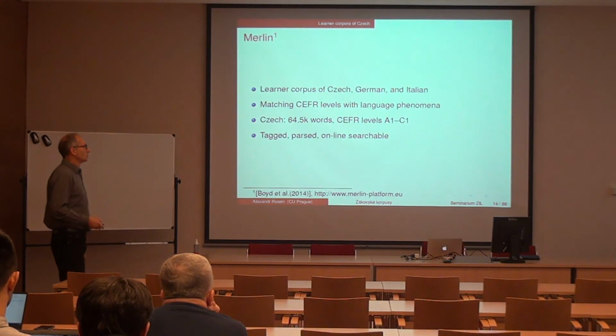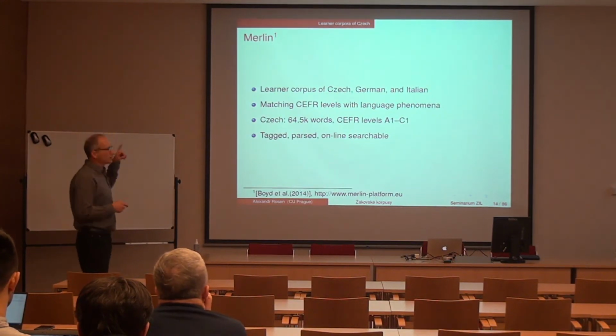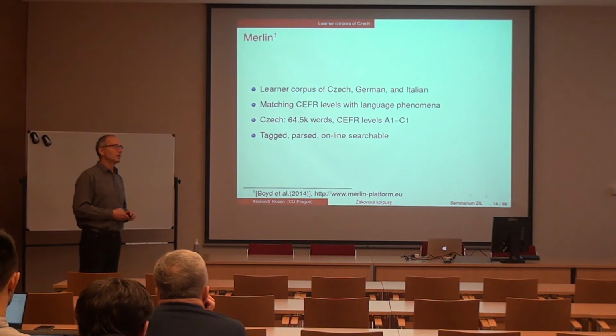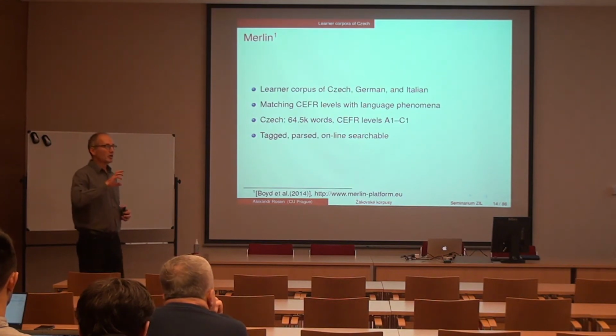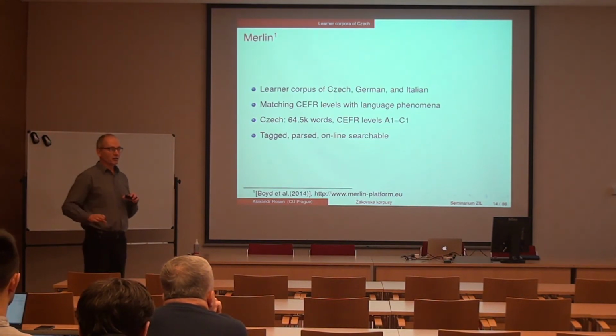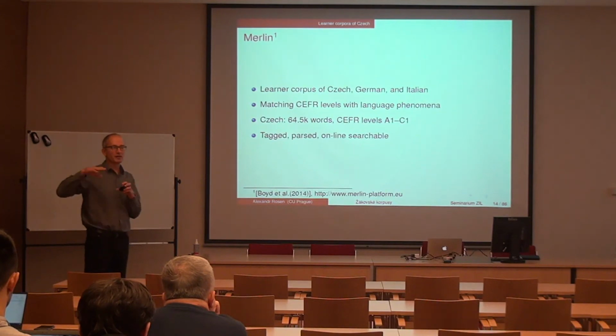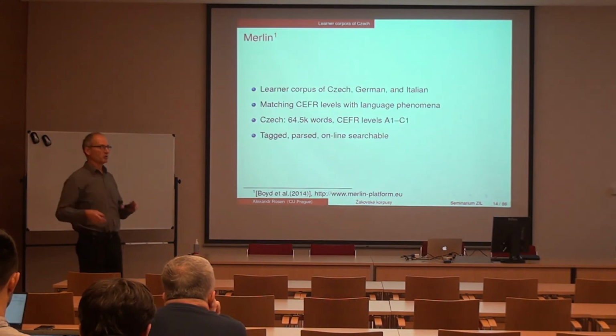Okay, now what we have in Czech. There is one international project which I mentioned very briefly. It was meant to produce some paradigms for classifying proficiency levels. So if in Czech a student makes this type of errors and otherwise is correct in other cases, it's very likely that he or she is at level A2, for example, or B1.